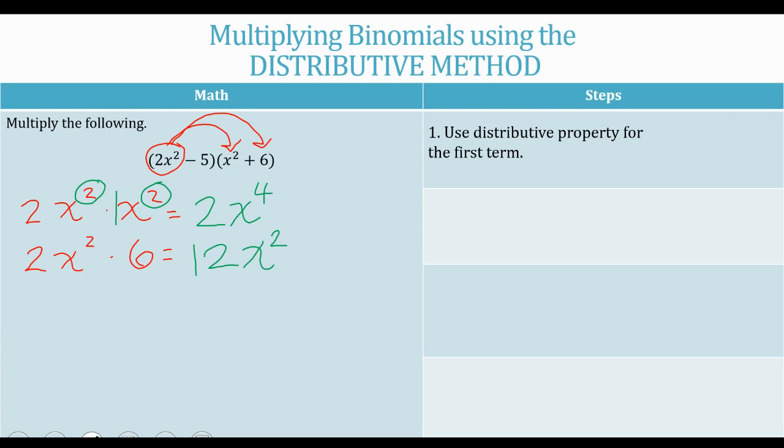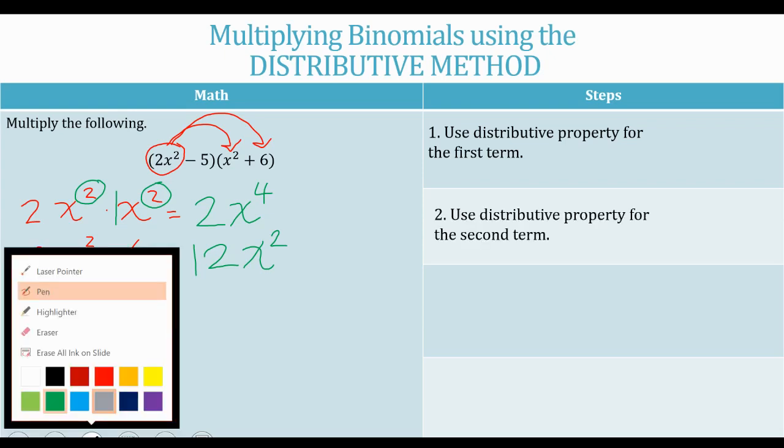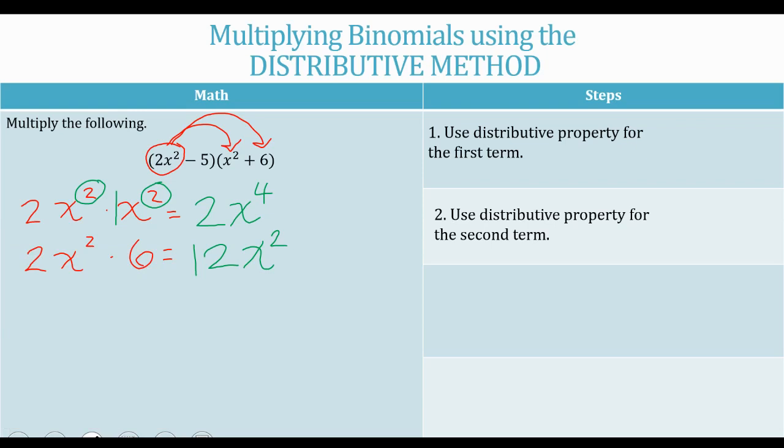Okay, so that's the first part. Second step, we're going to use the distributive property for the second set of terms. So we have a minus 5 here, and we're going to distribute that twice. So we get negative 5 times x squared and negative 5 times 6.